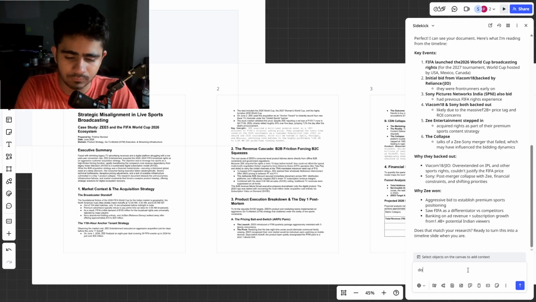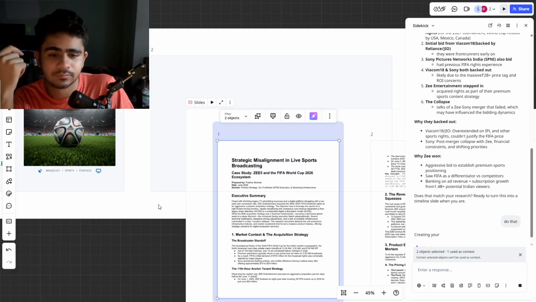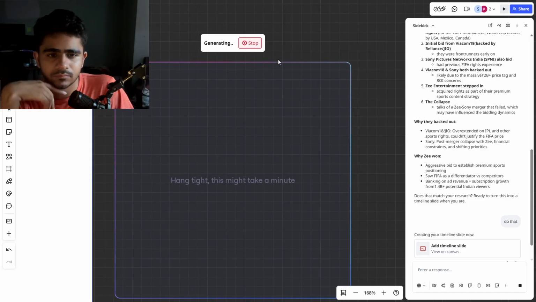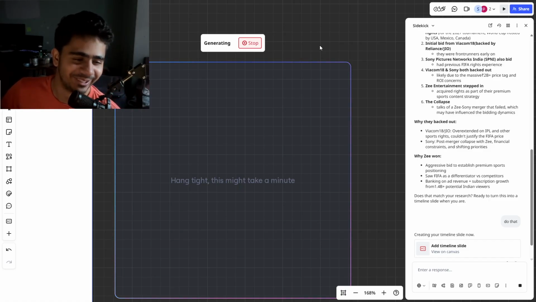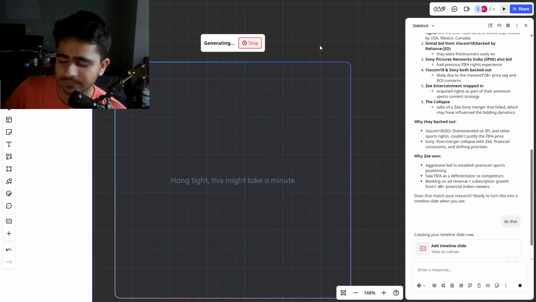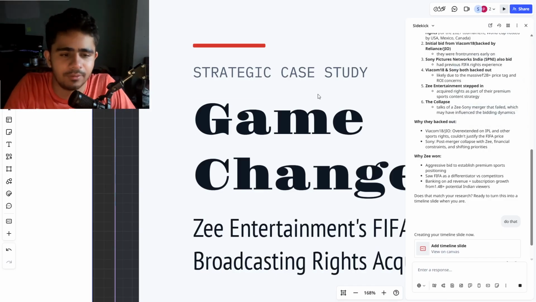Let's see how it does with the timeline slide. Hang tight. It's mind-boggling how it's making slides. It's crazy. I thought of doing manual work for the first time, and AI is just not letting me. Okay, interesting.